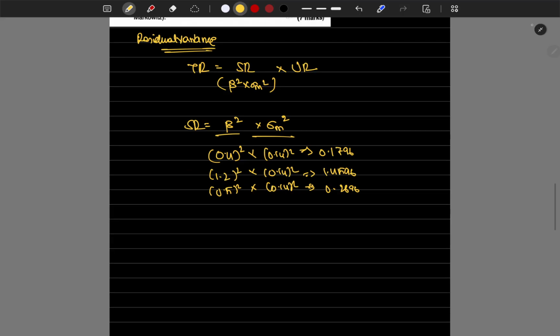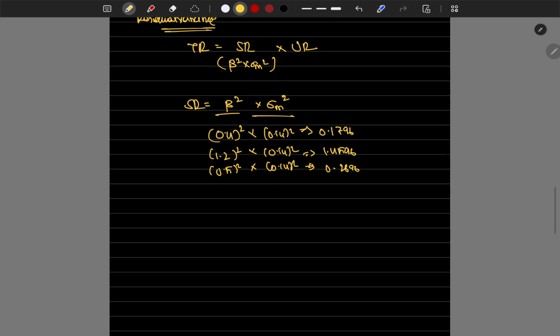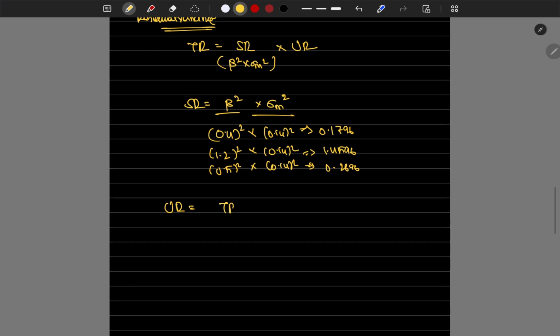Systematic variance we got. Using this we have to calculate the unsystematic risk, which is the residual variance: total variance minus systematic variance.